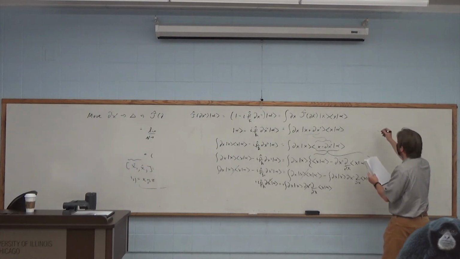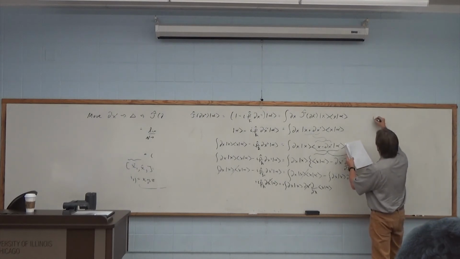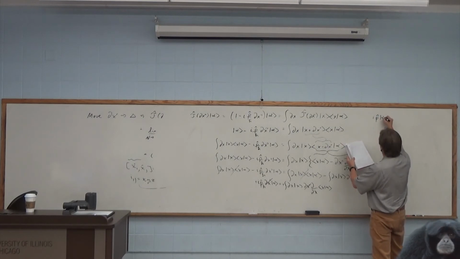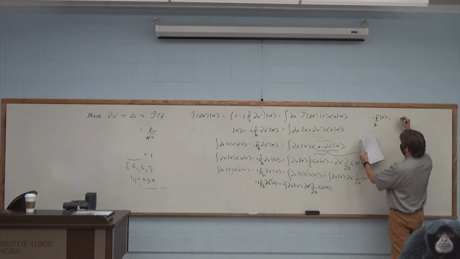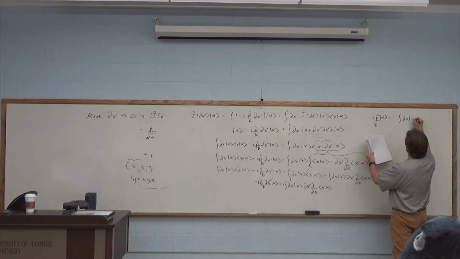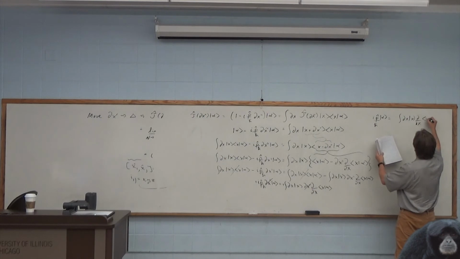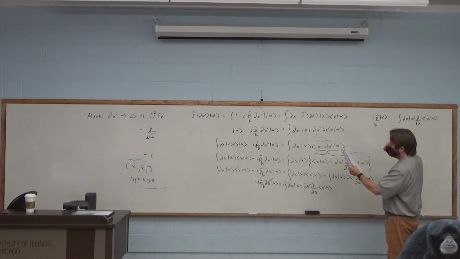So, okay, so now I've got I P alpha over h bar equal to x. Okay. Let's see here.